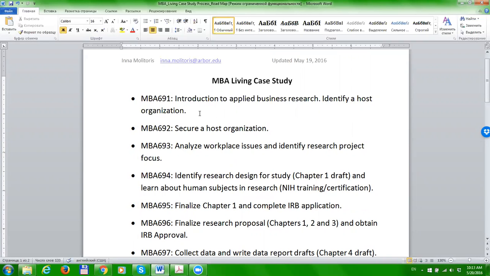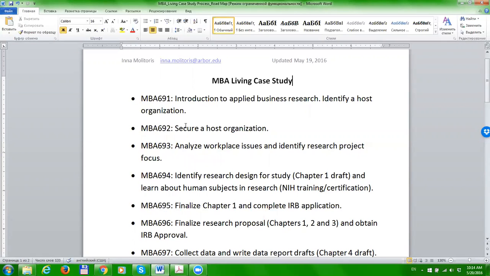They have a lot of bureaucracy, so it will be very difficult for you to conduct your study in the given time frame. So you will identify a host. It can be your organization, your employer, or it can be another organization in your community.